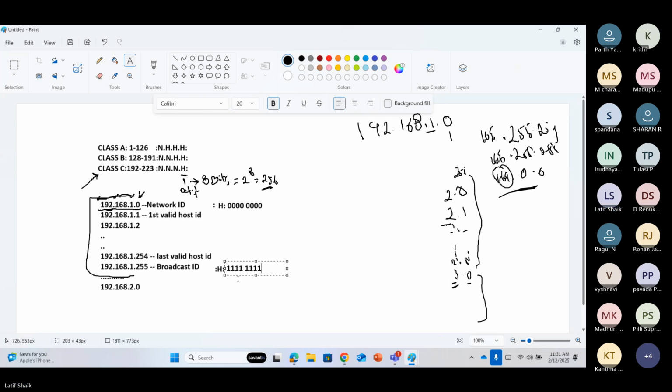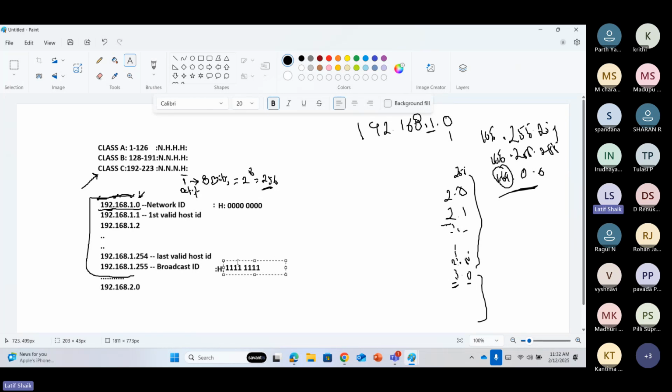Understand? A host portion must have both ones and zeros. Only zeros is not valid, only ones is not valid. That's the point of the network and broadcast ID. All remaining are valid IPs.